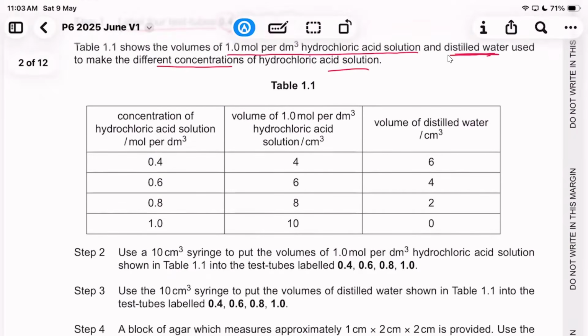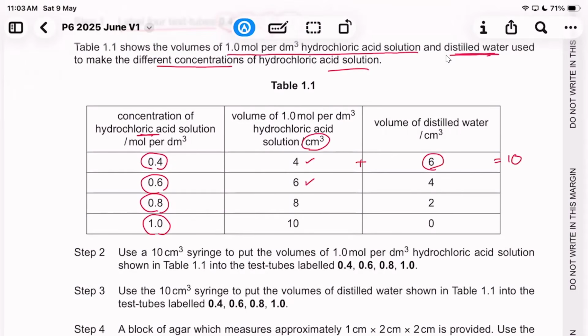So we have 4 test tubes, 0.4, 0.6, 0.8, and 1. This is the concentration of hydrochloric acid. They put the volume of 1 mole per decimeter cube hydrochloric acid solution in cubic centimeters as 4, and then added 6 of distilled water. So the total volume here equals 10.